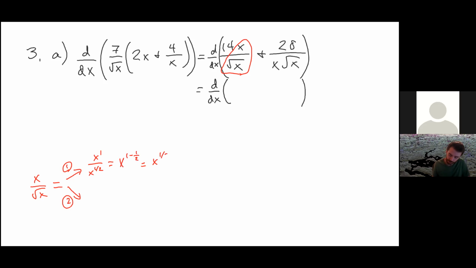So that's actually x to the 1/2. The other way to think about it, which I kind of like, is you can think about this numerator, x, as square root of x times itself. Square root of x times square root of x is x.